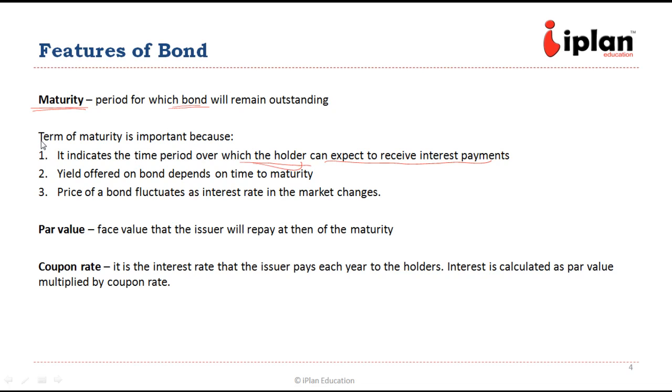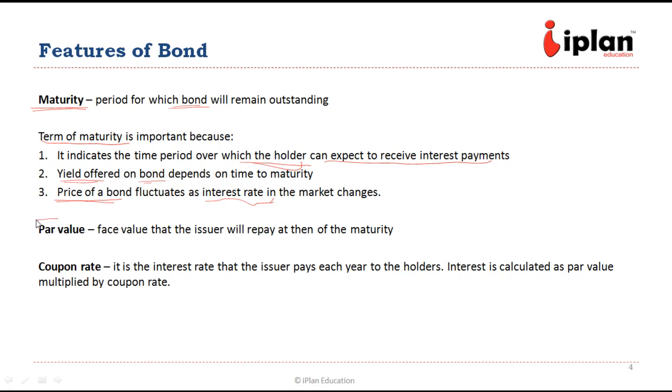This term of maturity is also used to calculate the yield offered on the bond, and within this term of maturity, the price of a bond fluctuates because the interest rate is changing in the market.